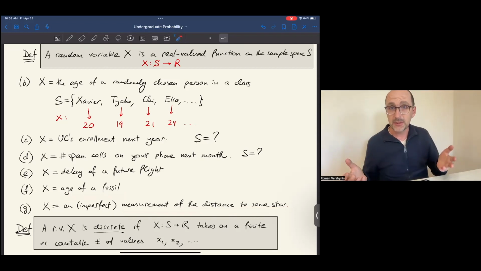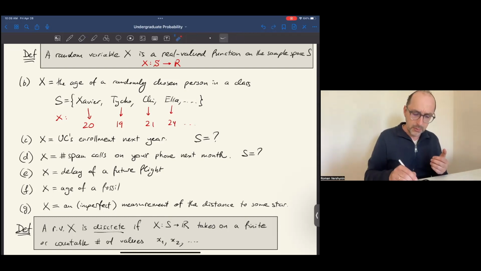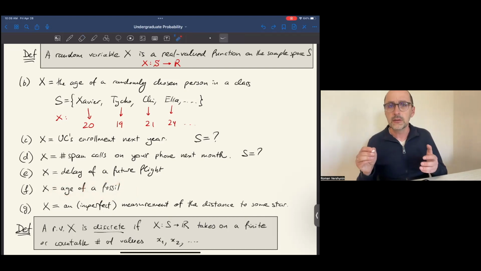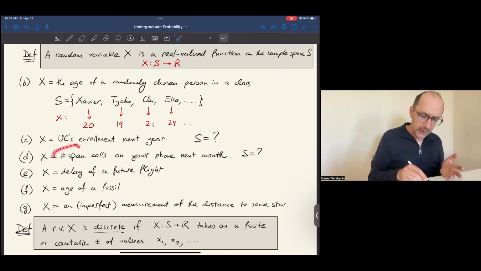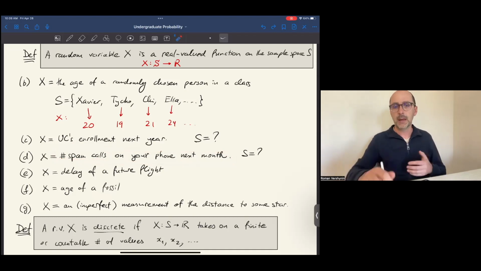If I have an experiment that produces some numbers, what is the first question you can ask? The basic question is, what are these numbers and what are their probabilities? For instance, what is the probability that the fossil is older than 200 million years? What's the probability that you get at most 10 spam calls?